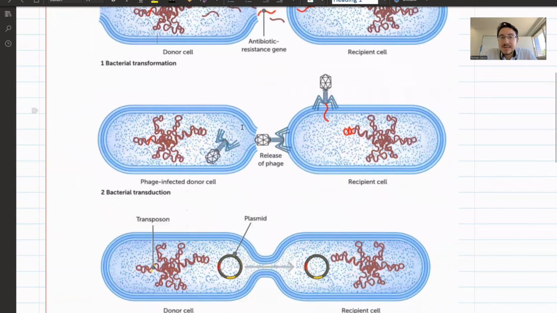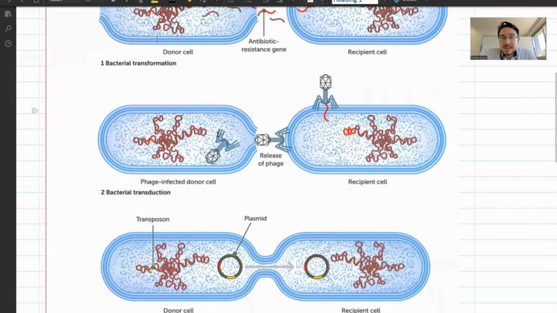You're passing a gene, right, via bacterial viruses called bacteriophages, or phages for short. In one bacteria that is infected with this virus, these virus populations are growing within the bacteria.